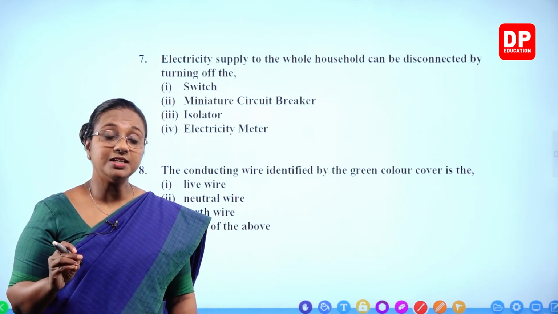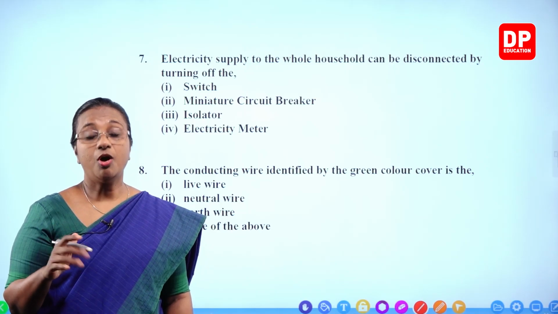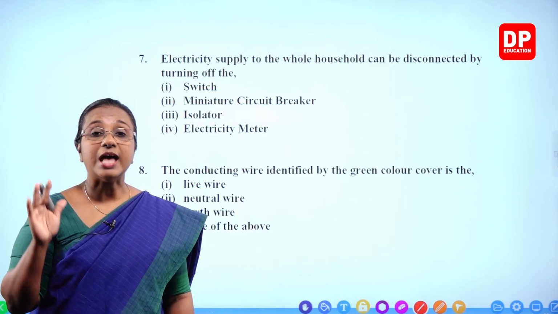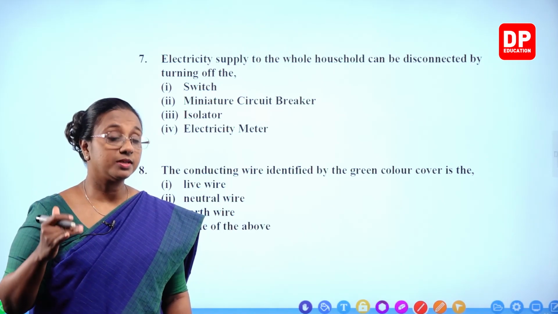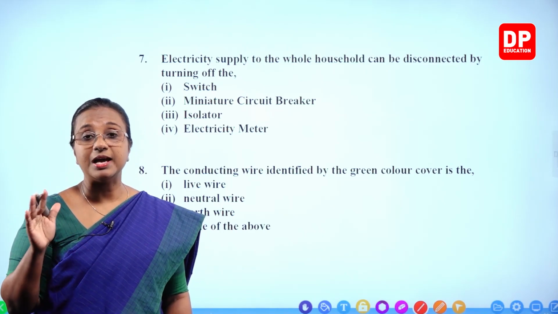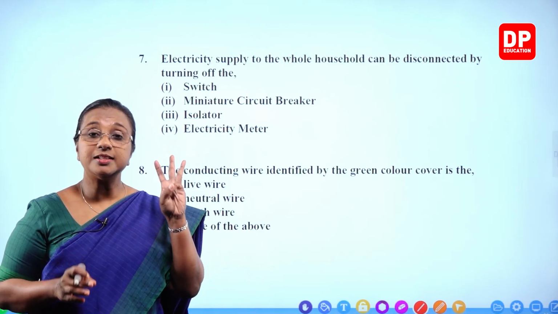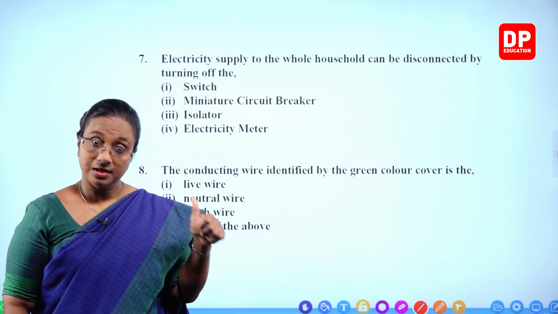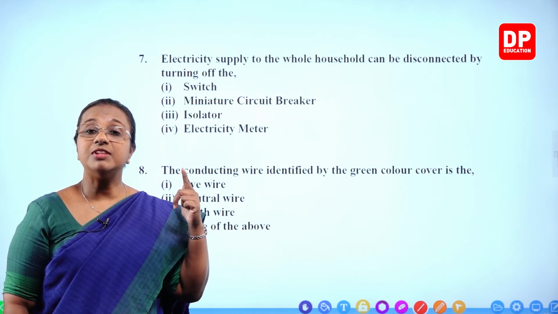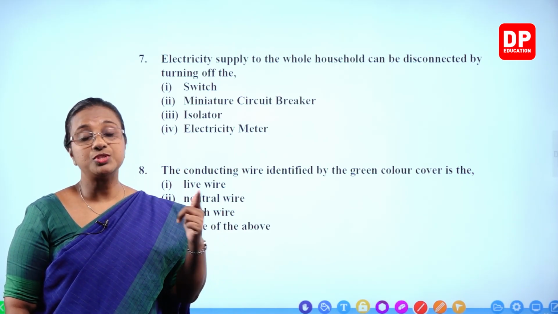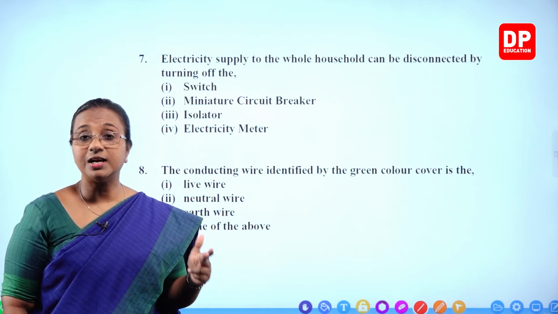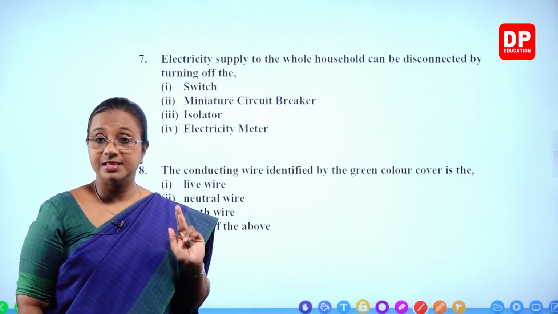Then we have the third component, the trip switch or the RCCB, residual current circuit breaker. That also can be used to turn off the electricity supply to the household. So there are three components: the overload circuit breaker or the service fuse, the main switch with the main fuse, that is the isolator, and the trip switch, that is the residual current circuit breaker, RCCB.